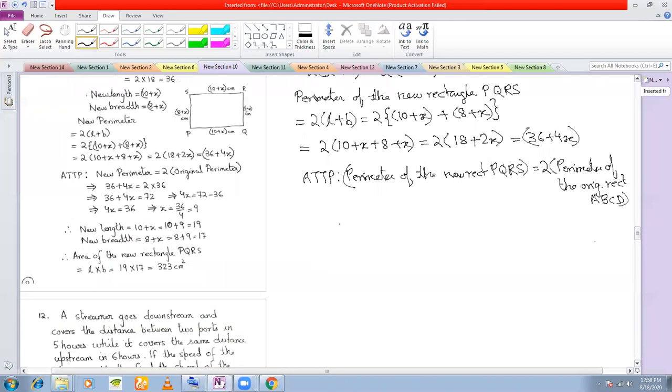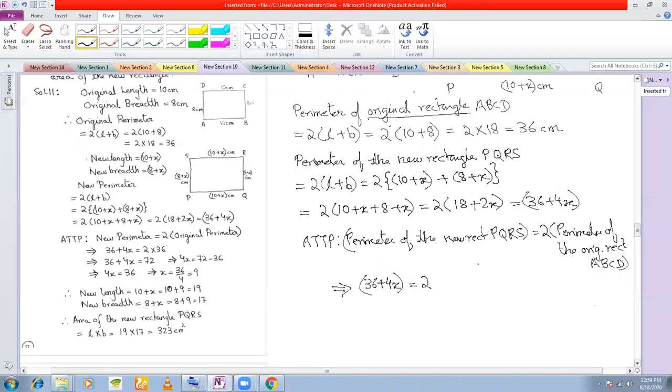We shall use this condition to find an equation in x. Perimeter of PQRS, we have found this to be 36 plus 4x. Twice the perimeter of the original rectangle, which here is 36, so 2 into 36.